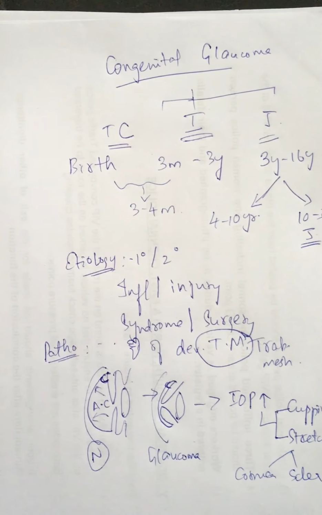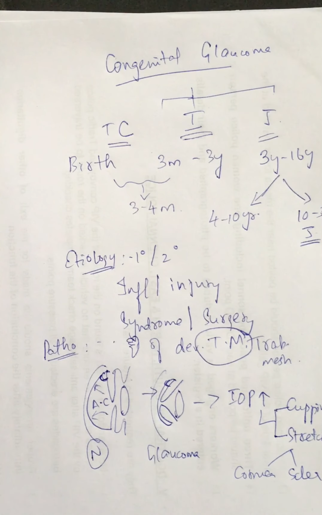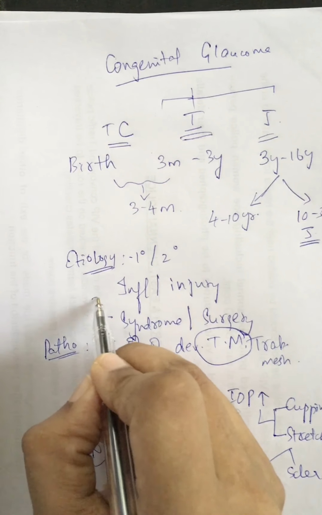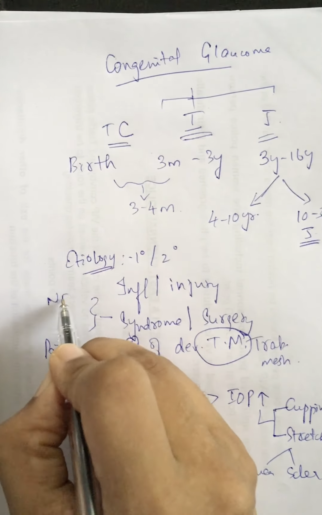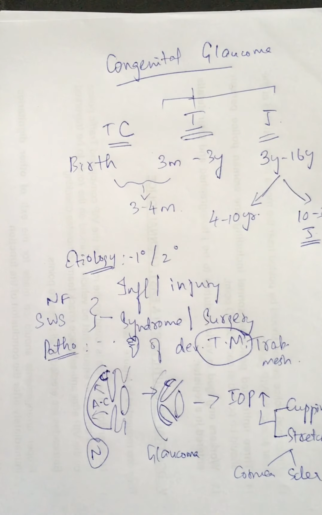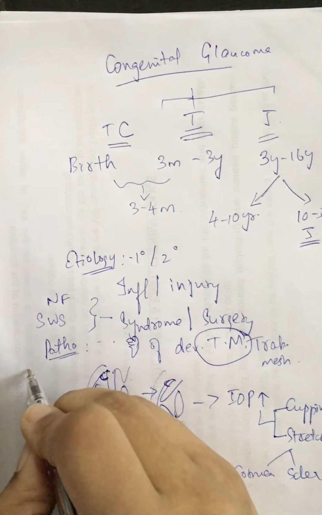We'll see how this affects the clinical features of the baby. Before going into that, we'll see what syndromes are often associated with it. Neurofibromatosis or Sturge-Weber syndrome are most often associated with this. So that was about the first pathogenesis.